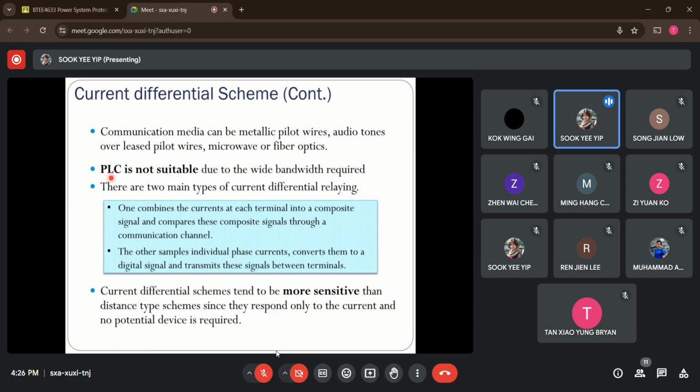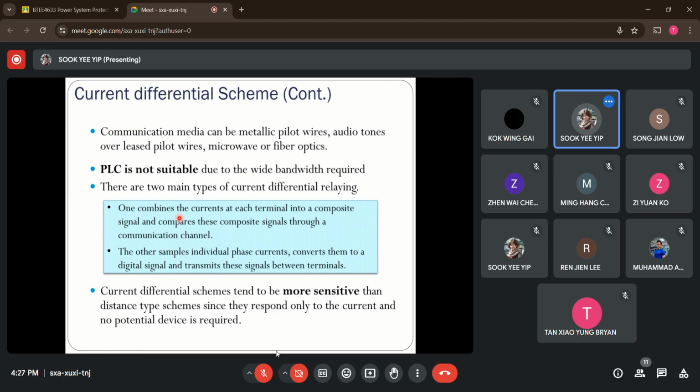All right. So there are two main types of current link systems we have. How is the signal communicated? One way is by having the measured current at each terminal fed into a composite network, and then it will be compared over the communication channel. So this is the first way the signal is communicated.